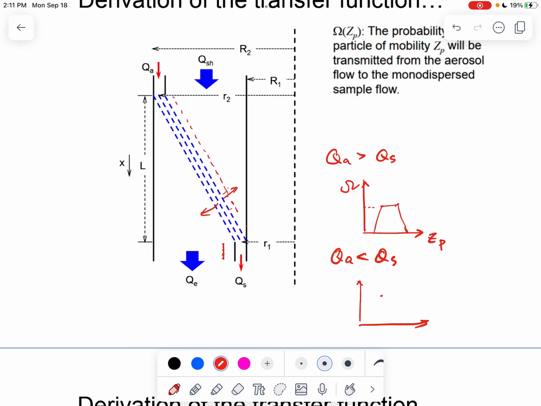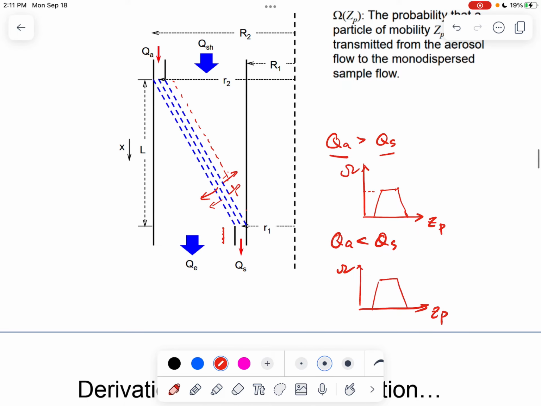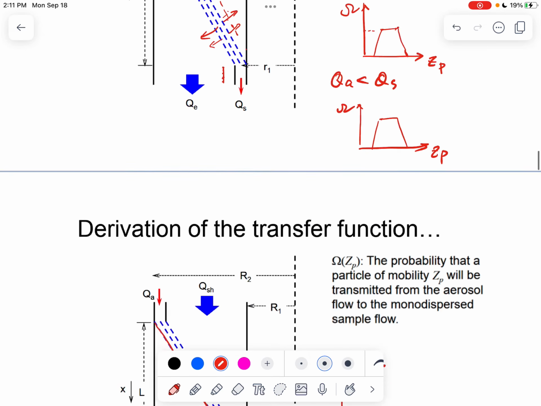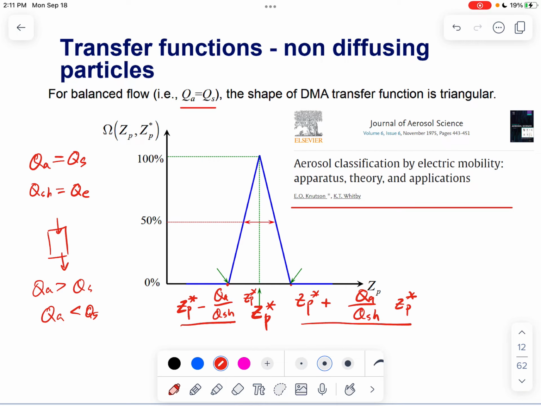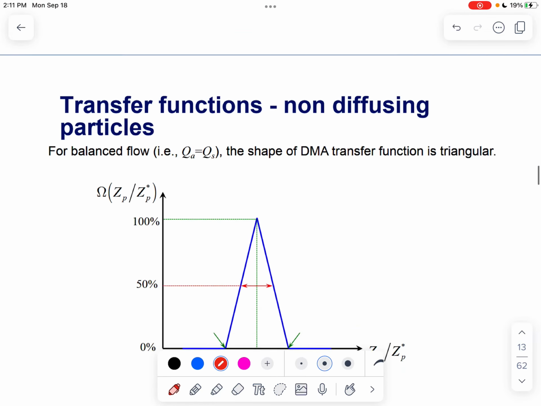At the same time, if the mobility changes a little bit, they're still going to maintain 100%, and further out they're going to decrease. So when you have a misbalanced aerosol flow and sample flow, you are going to have these trapezoidal transfer functions. You can see how these different flow conditions affect the shape of the transfer function.